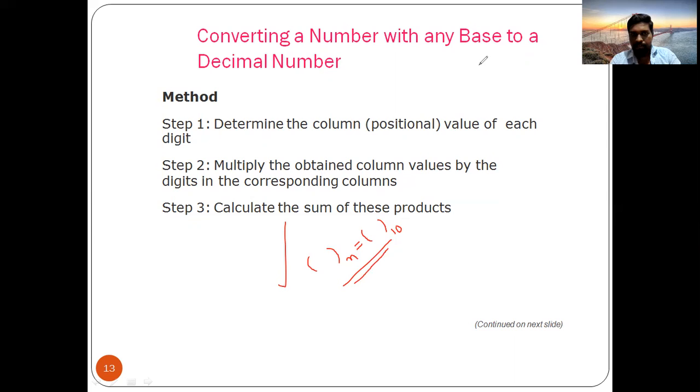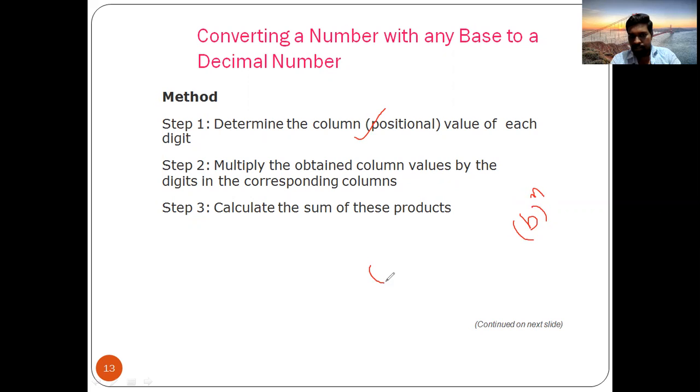What is the method I have said? First you determine the positional values of the digits. Positional values means you should multiply with the scaling factor, base power n. Scaling factor is nothing but base power n.